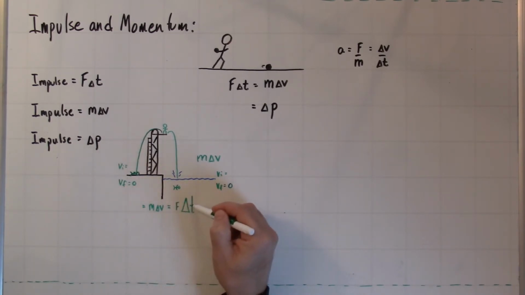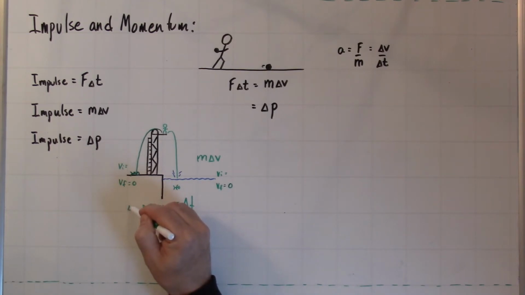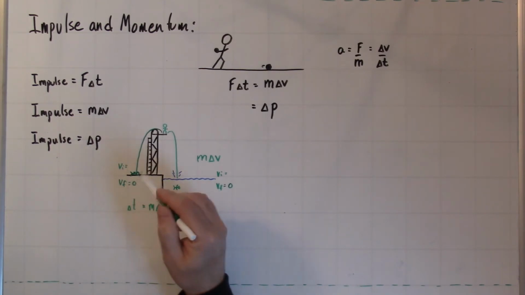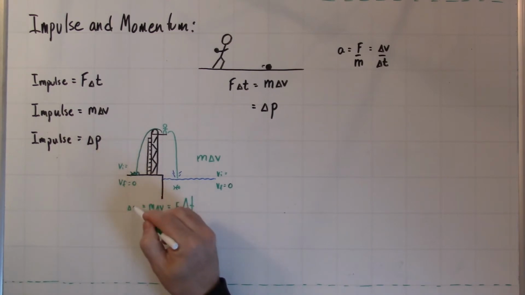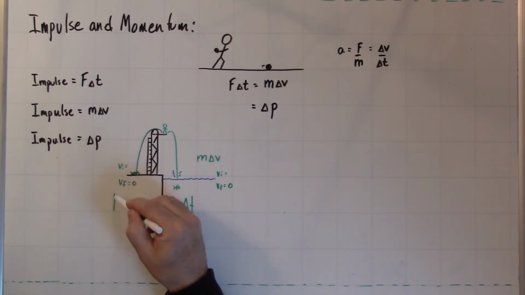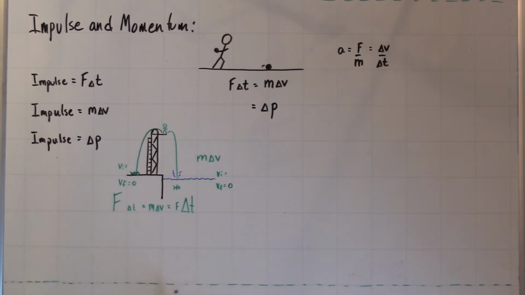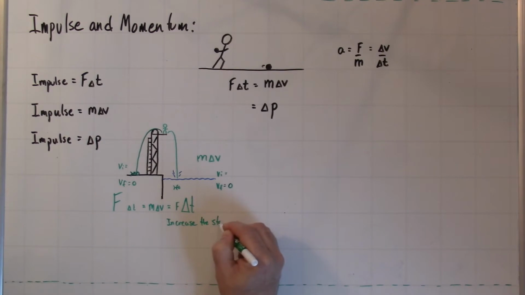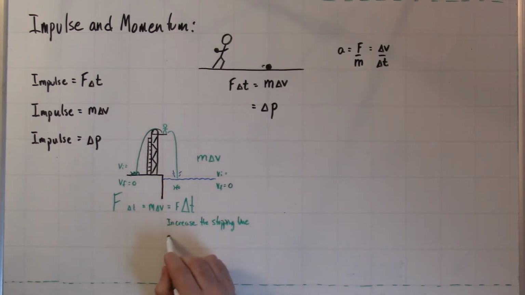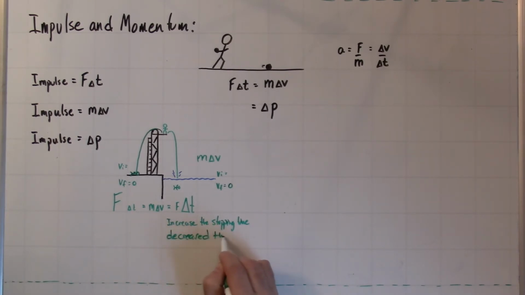You came to a stop in a very short period of time, so because your time was very small, that means the force was very big. And by jumping into the water, you increase the stopping time, which decreased the stopping force.